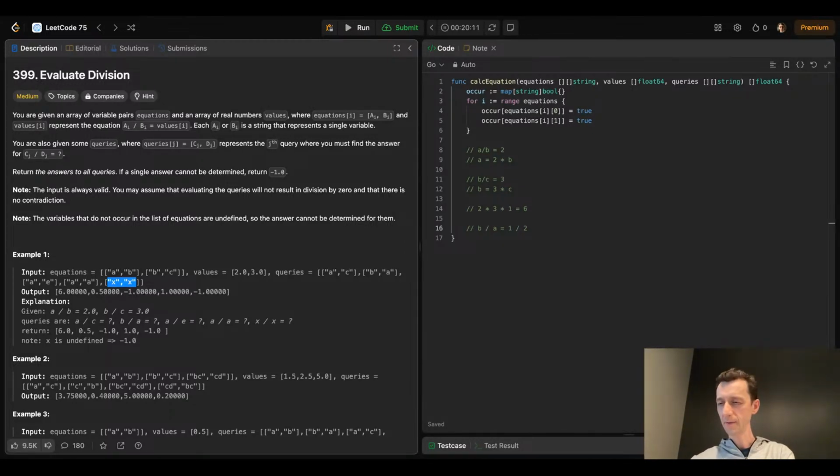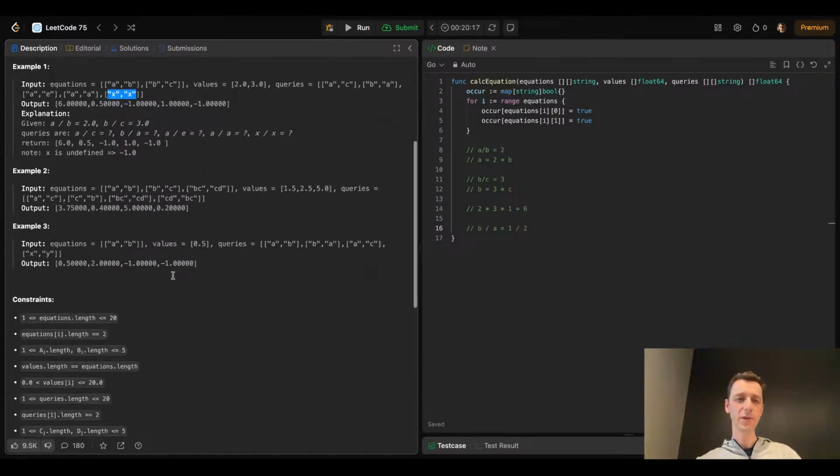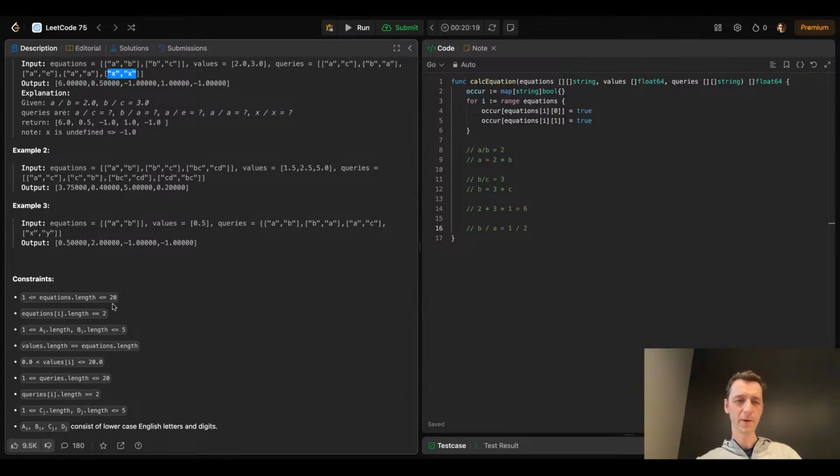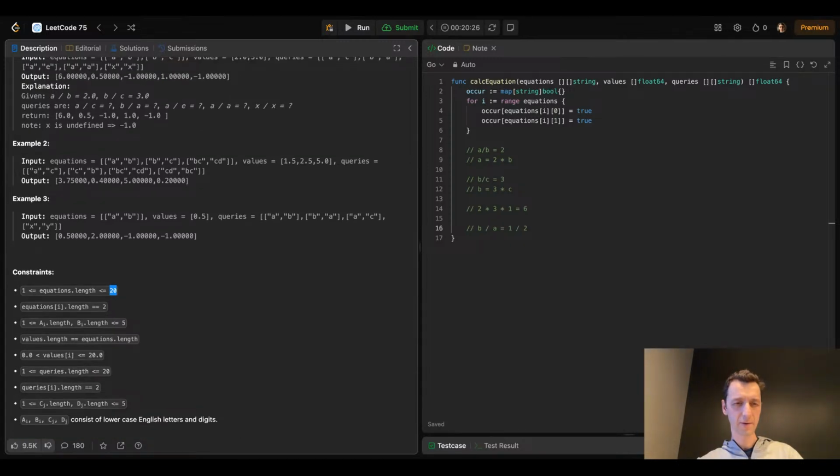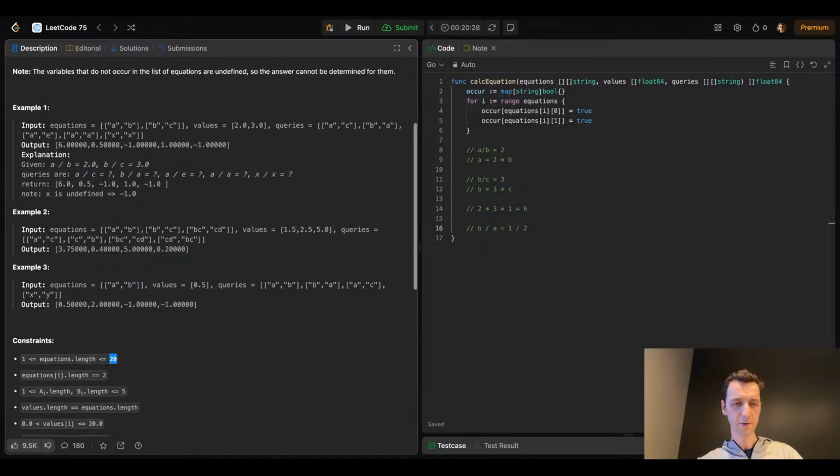And how many of these equations are there? There's just 20. Oh, okay, there are limited numbers.